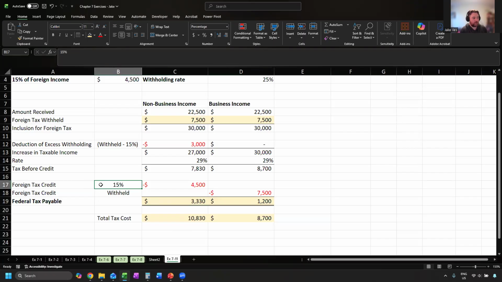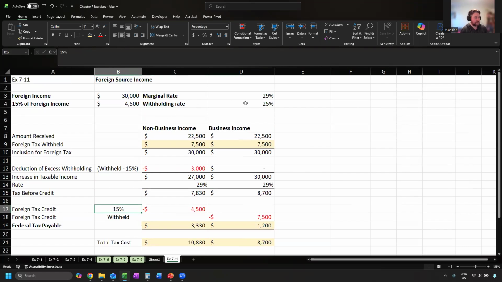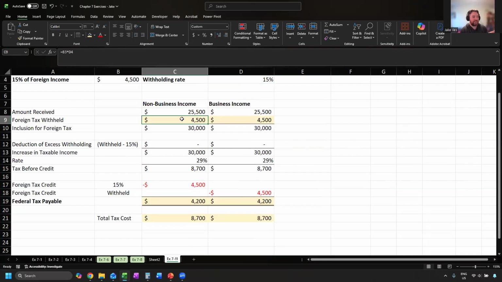Because our tax withholdings were more than our 15% maximum, that means we will end up paying additional taxes. We didn't get our full credit, so it's increased our total tax cost. If the withholding rate was 15%, if the taxes withheld were only 15%, now our total tax cost is the same, whether non-business or business income, because there would be no excess amount.